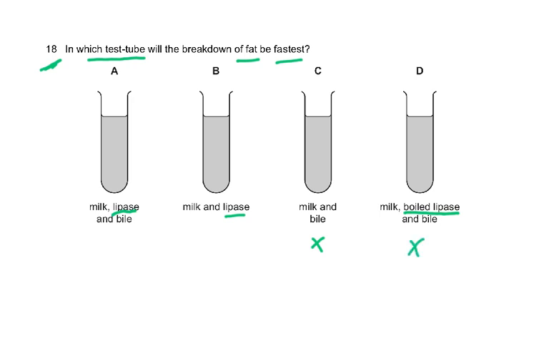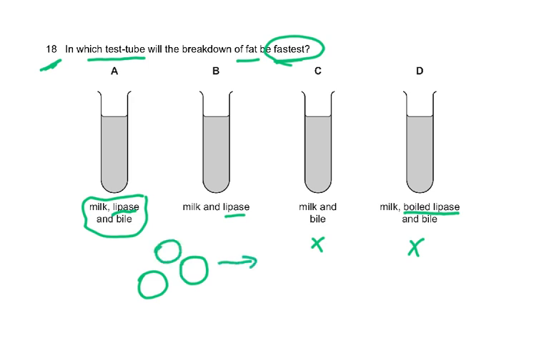Now we are left with between A and B. Now it says, in which test tube will the breakdown of fat be the fastest? Fastest means it's going to take a very short time. So you have to realize it has to be in this one. Why? Because bile emulsifies fat. So the large globules of fat, what does bile do?